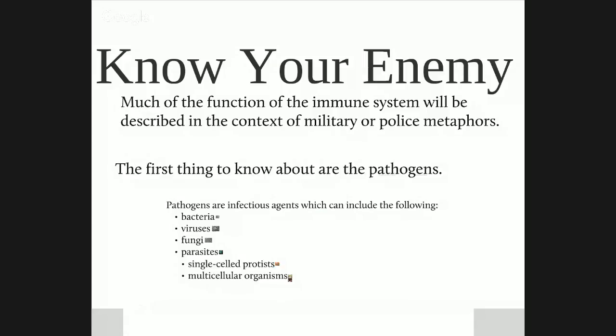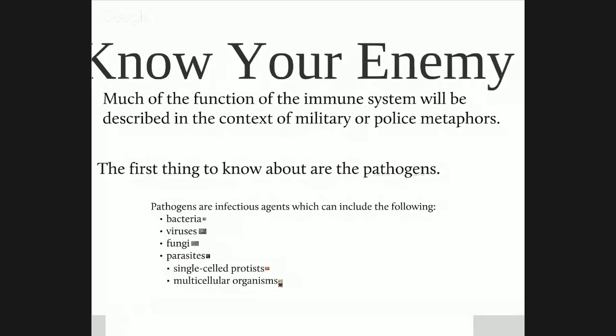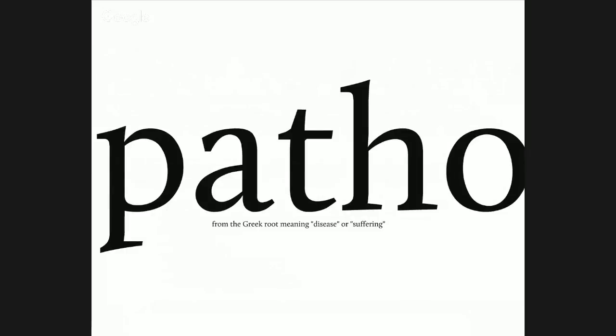But the most important part about understanding how your fighting force works is to also understand what you're fighting against. So I want to talk a little bit about what our enemy is in this fight. And those, for the most part, are what we call pathogens. Now, the word pathogen is similar to a number of other types of words that we're going to see, where it's something-gen.